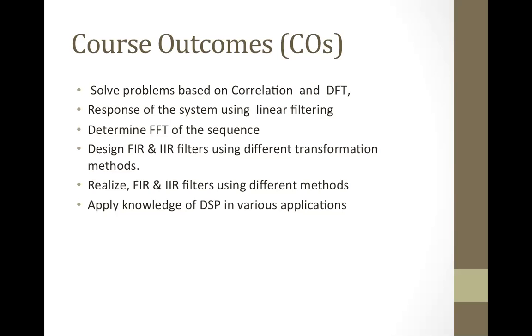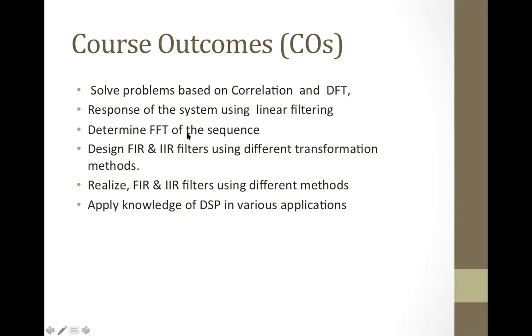So these are the different points that we will be going through. COs are course outcomes: what you are able to understand after completion of this particular course. There are 6 COs. First, students can solve problems based on correlation and DFT. Students can compute the response of a system using linear filtering.